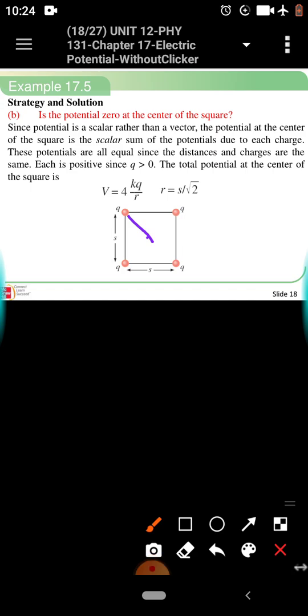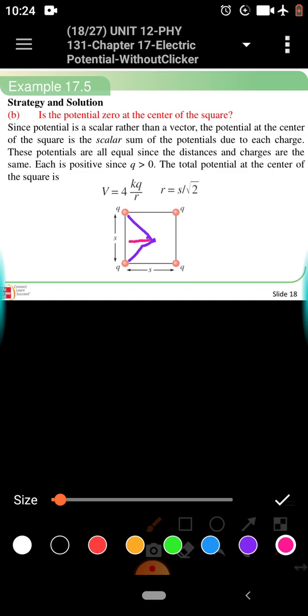If I take half of this, I know that these sides are equal. If this is 90, and this is 90 as well, then here this is a 45 angle and this is a 45 angle.